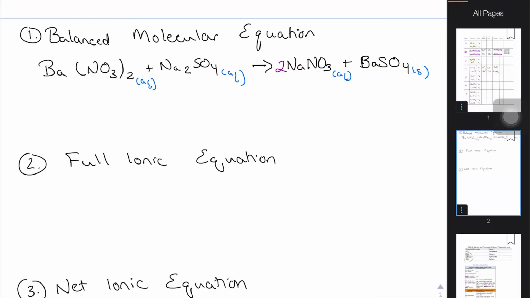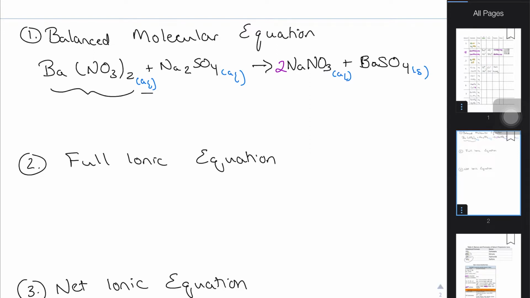So I just paused the video so that I could erase my highlighting. So what we want to do now, the difference between the balanced molecular equation and the full ionic equation, is that in the full ionic equation, we're representing what is truly happening. So in the balanced molecular equation, we show these ionic species as being associated with each other.